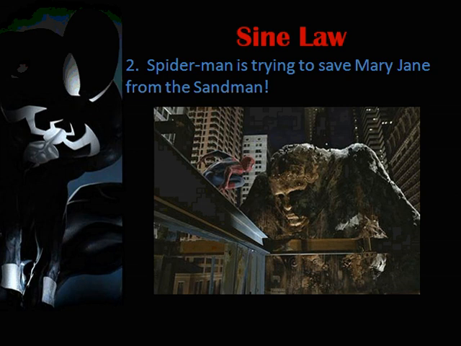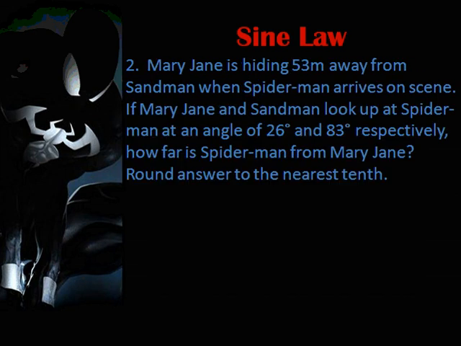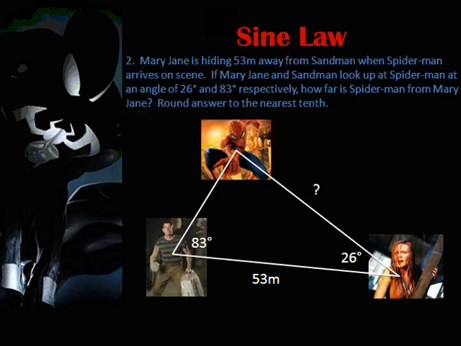Spider-Man is trying to save Mary Jane from Sandman. So this is the large question. I'm just going to draw a diagram to help me out as I go through the question. So let's just picture Spider-Man, Sandman, and Mary Jane. Mary Jane is hiding 53 meters away from Sandman.